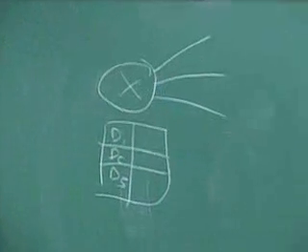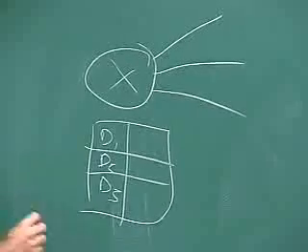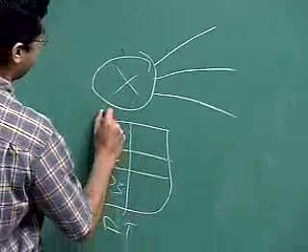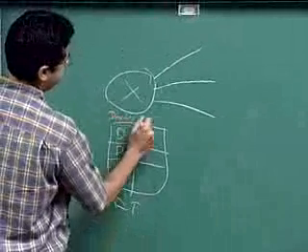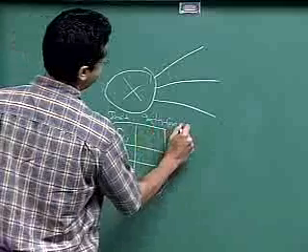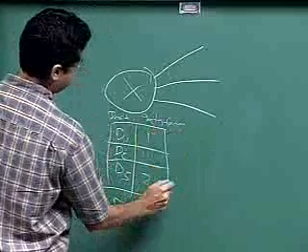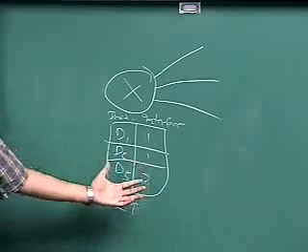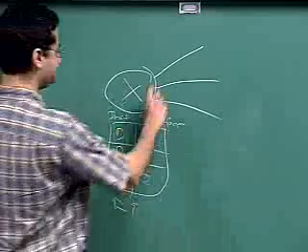So you have a routing table, and you have destination, and then you have interface. So 1, 1, 2. So given a particular destination, this routing table will tell you which interface to forward the packet to.